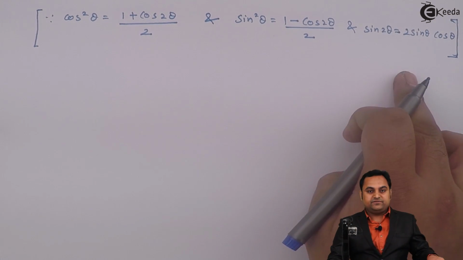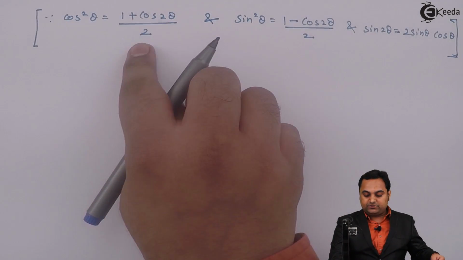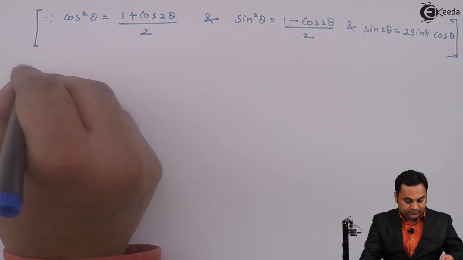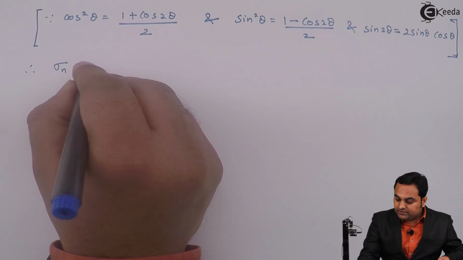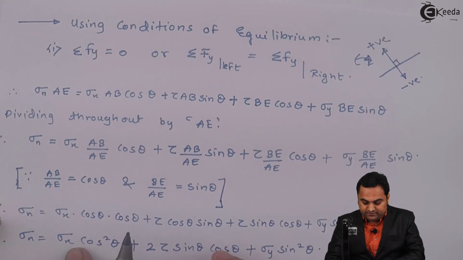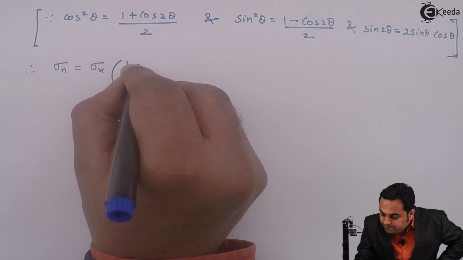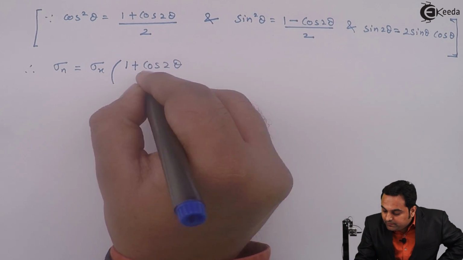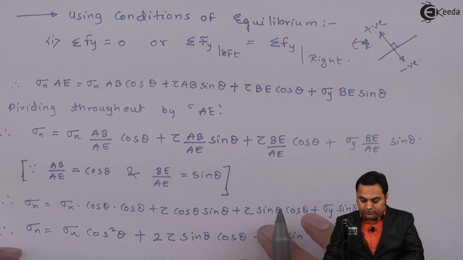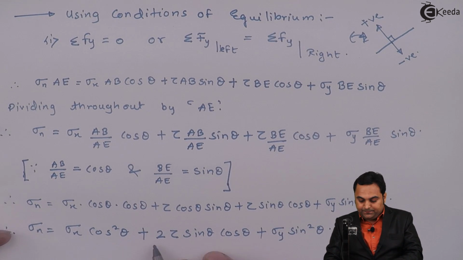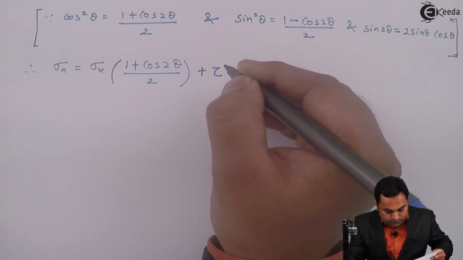So I am going to use these formulae and replace them. Cos square theta can be written as (1 plus cos 2 theta) by 2. So therefore sigma n is equal to sigma x as it is. Cos square theta I will replace with (1 plus cos 2 theta) by 2, then plus, here I am having tau, so I will keep tau as it is, plus tau.